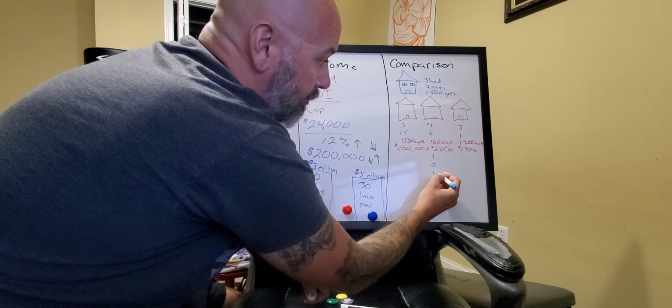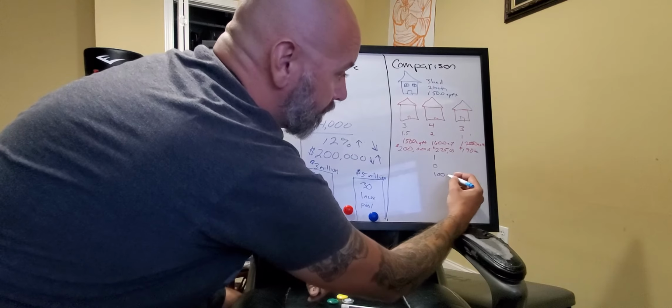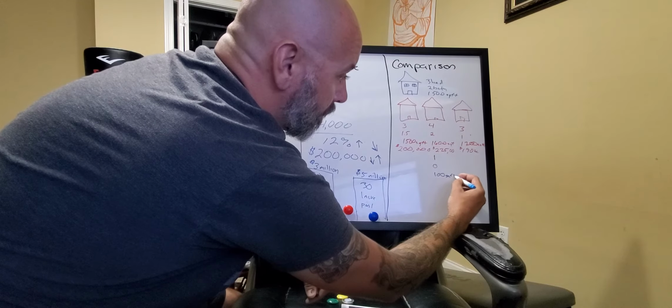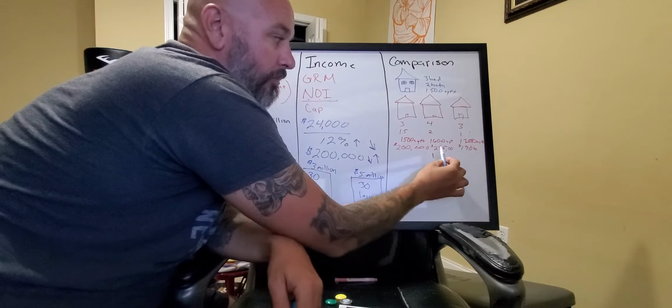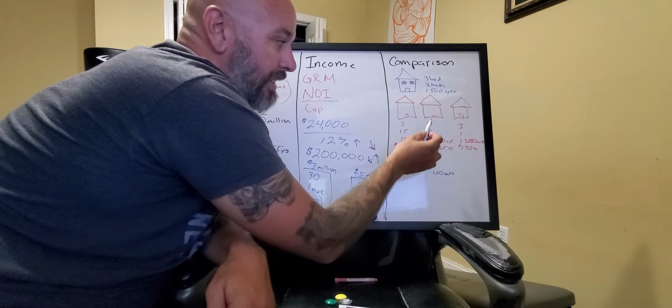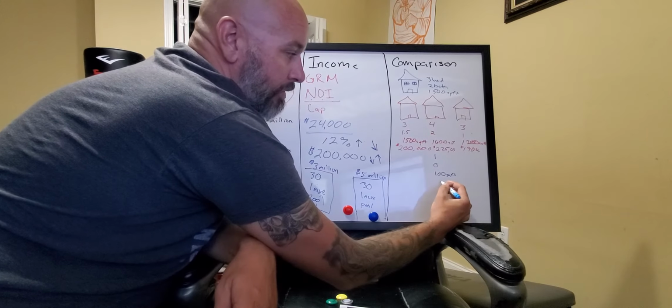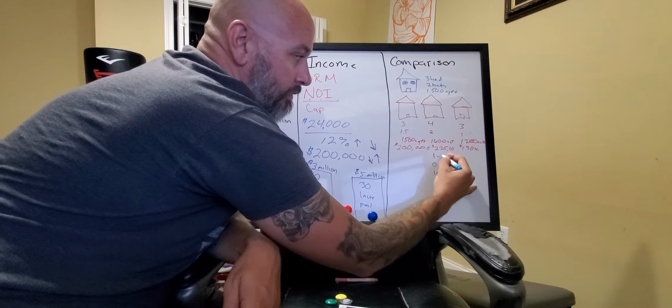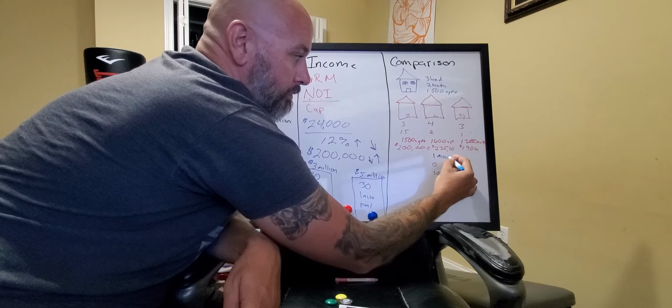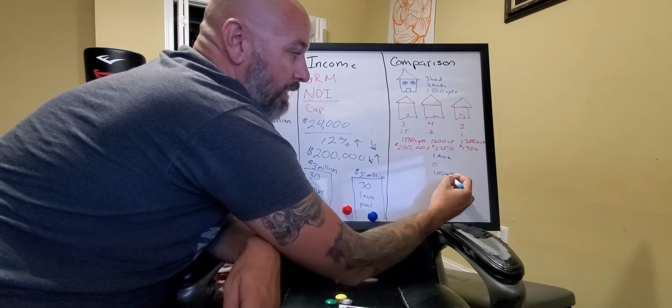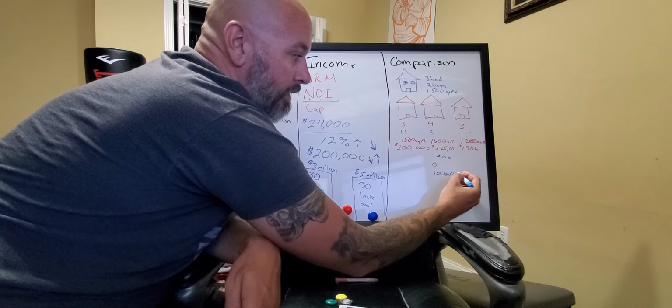And we got 100 more square feet. So for here, we determine the extra bedroom is worth 10,000. The extra 100 square feet is worth 5,000.